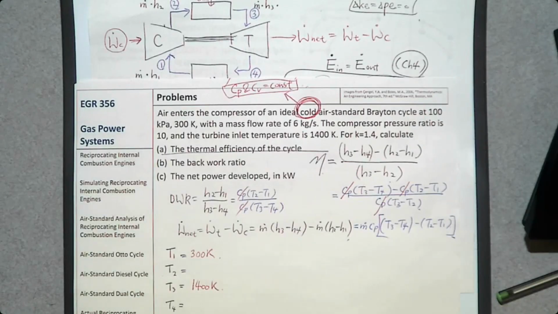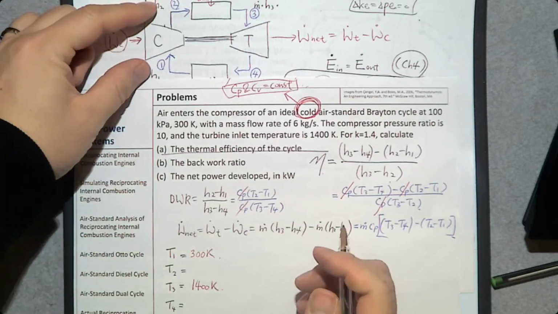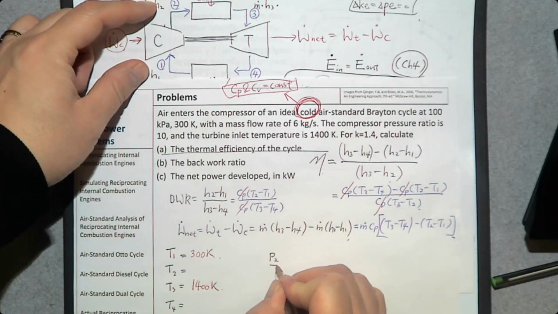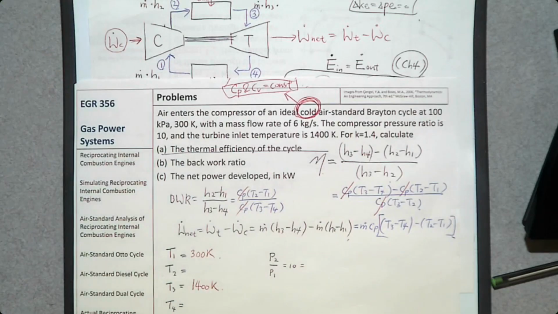So how can we do that? The compressor pressure ratio is 10. What is the compressor pressure ratio? How much compression you can make. So P2 over P1 is 10. Then can we use this ratio somewhere to determine temperature?